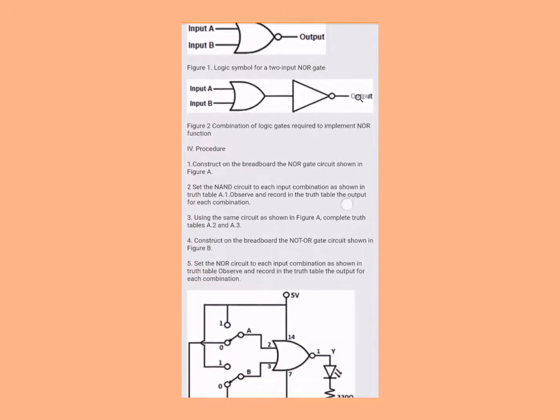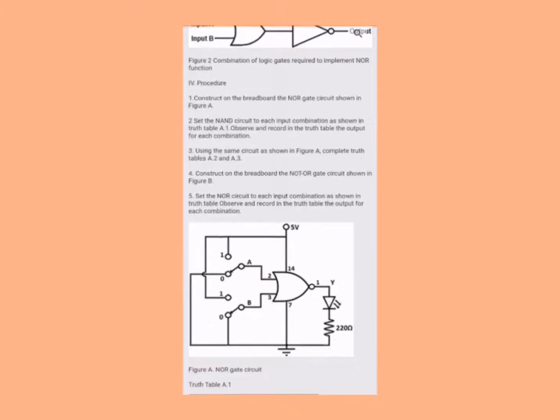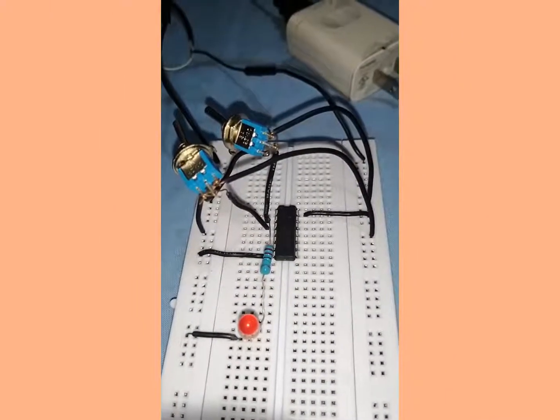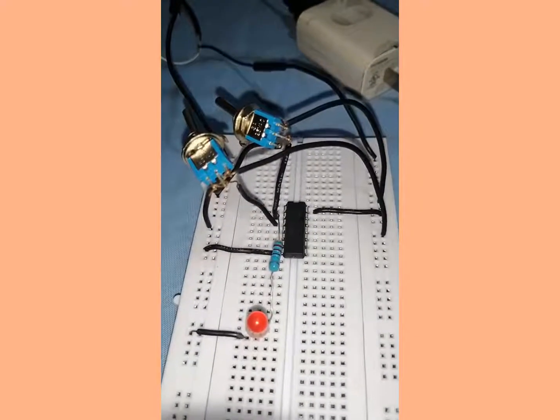And for our first procedure, construct on a breadboard the NOR circuit shown in figure A here. So now, as you can see, this is the NOR gate circuit on a breadboard.